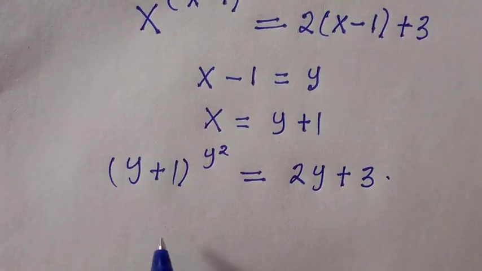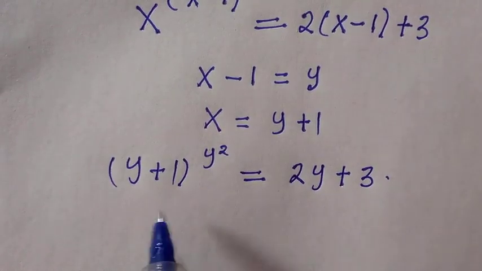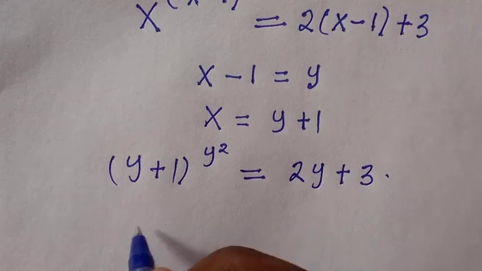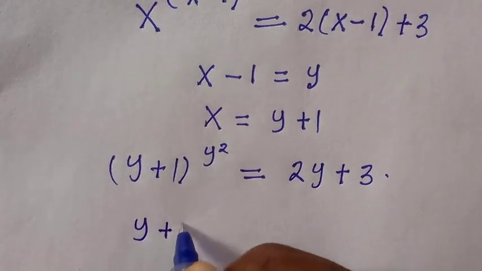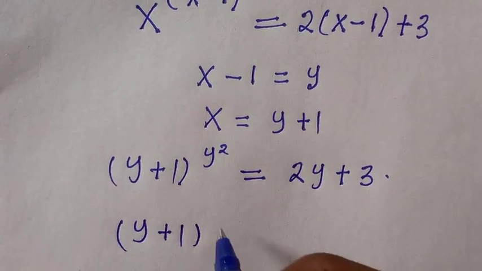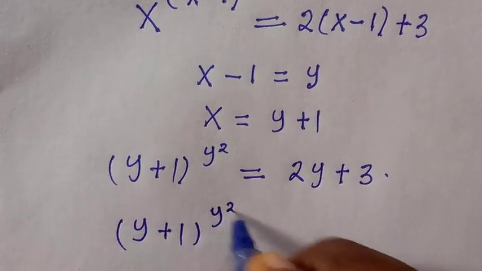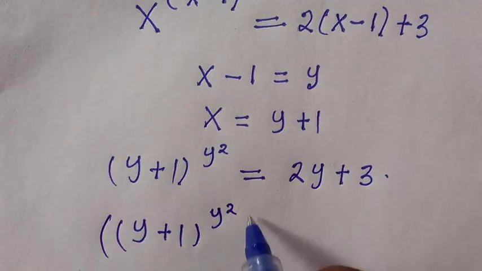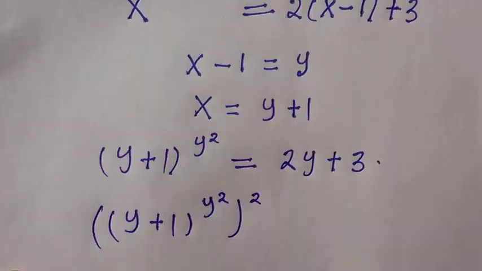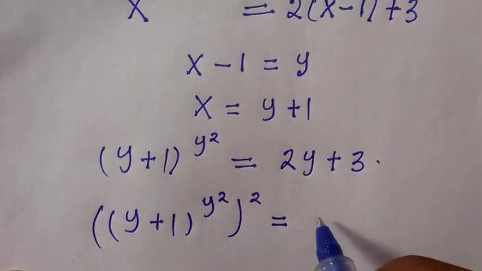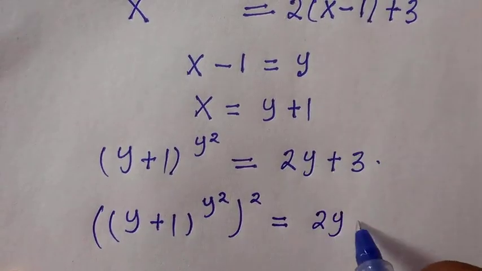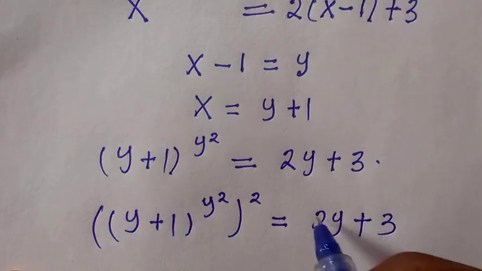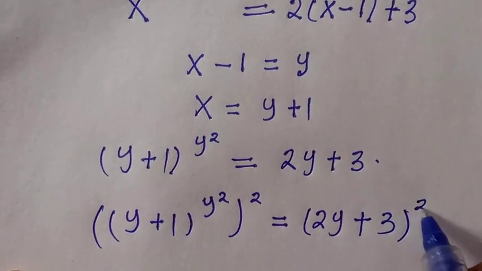Then, by raising both sides to the power of 2, we have (y plus 1) raised to the power of y squared, all raised to the power of 2, equals (2y plus 3) raised to the power of 2.